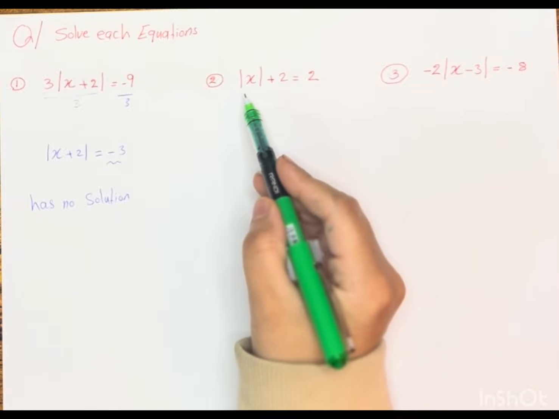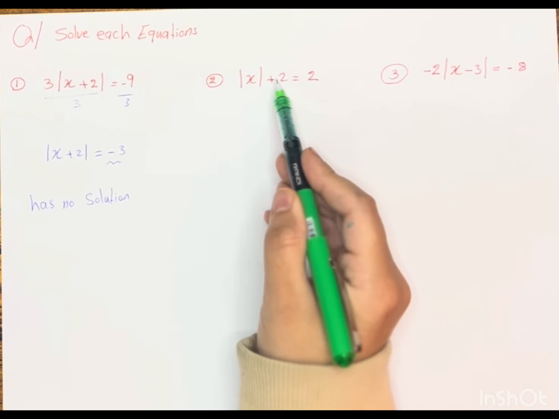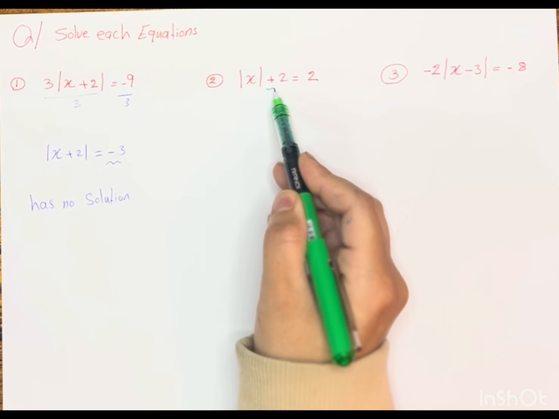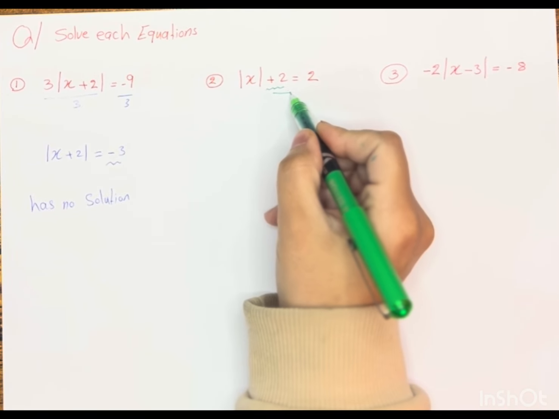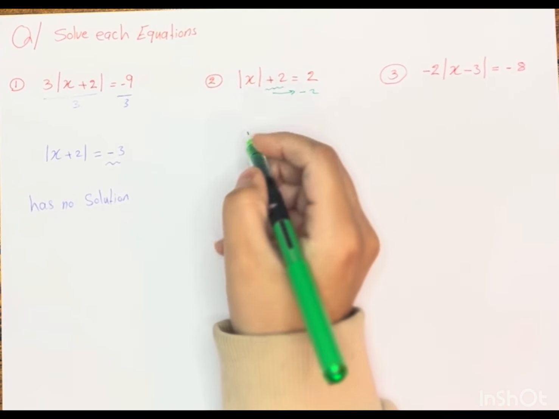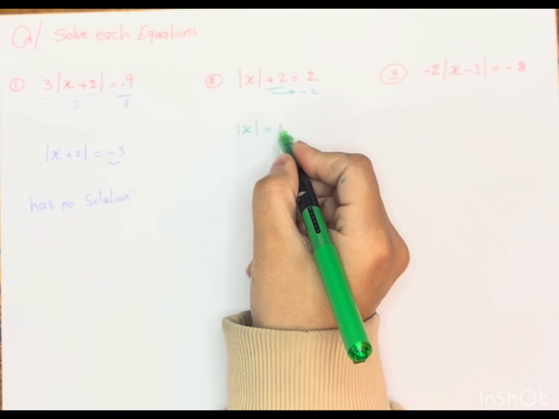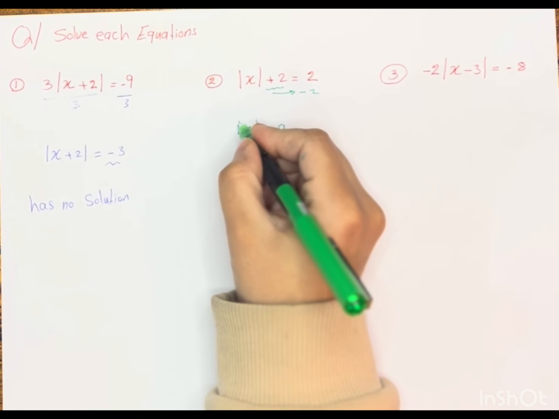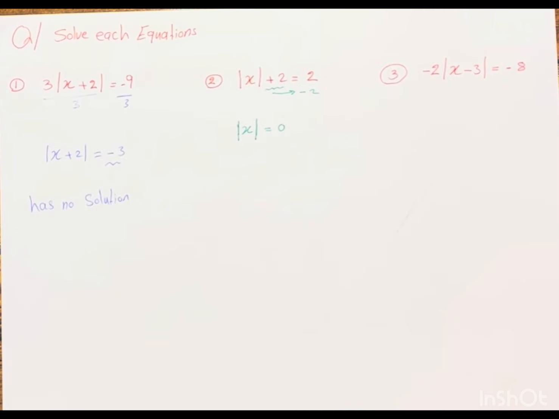Second one, absolute value of x plus 2 equal to 2. There's a number next to the absolute value by plus, so we need to move it to the other side, it will be negative 2. So the absolute value stays as it is, 2 minus 2 is 0. We said if an absolute value equals 0, there is just one solution.